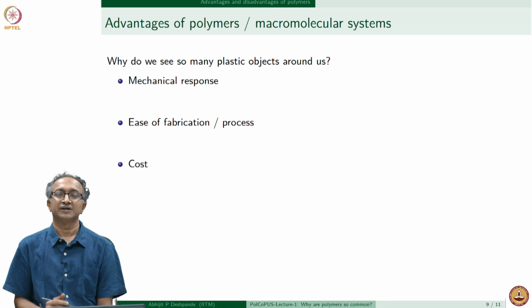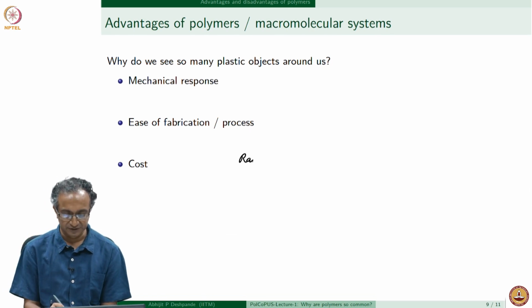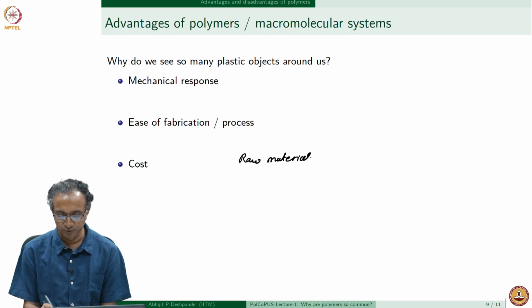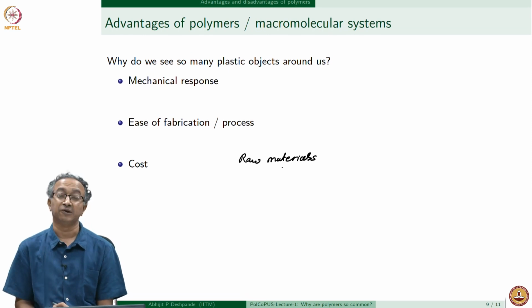Cost is also another feature. Because of ease of fabrication and the speed at which we can make these objects, very high volume production is possible, and that brings down the cost. Another important reason for low cost is the raw material used for these plastics. In fact, this is also an issue related to sustainability of polymers.